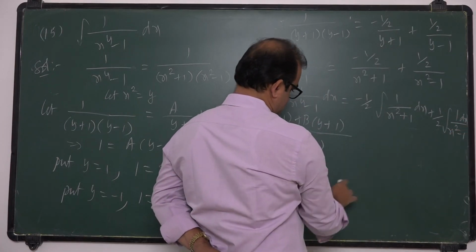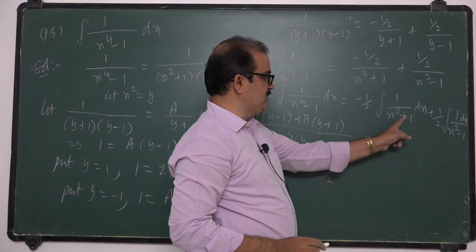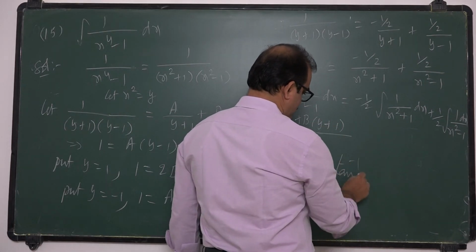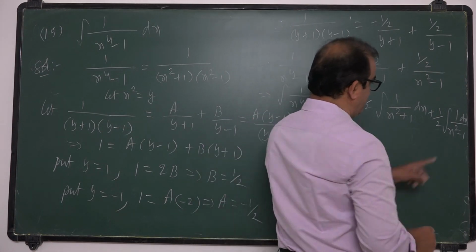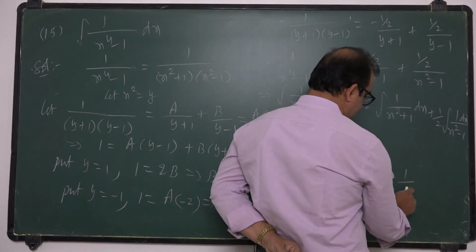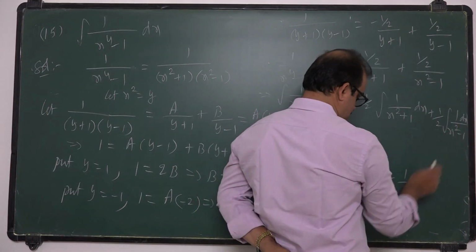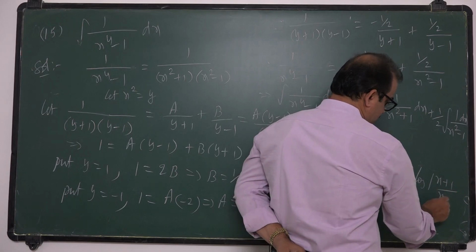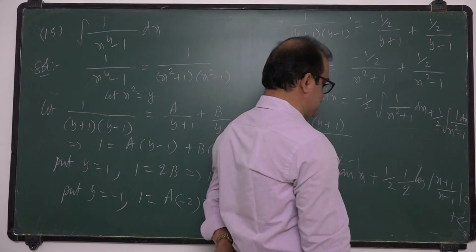Integral of this: minus 1 by 2 into, it is in the form of integral 1 by (1 plus x square), that is tan inverse x. This one is in the form of integral 1 by (x square minus a square), that is 1 by 2a into log mod (x plus a) by (x minus a). A is 1, log mod (x plus 1) by (x minus 1), plus here 2 into 2, that is taken as 4.